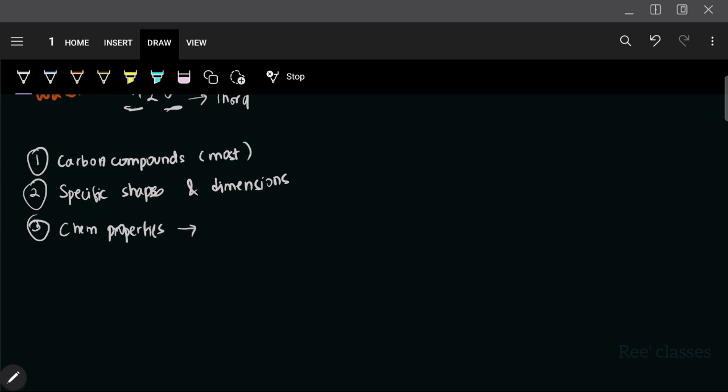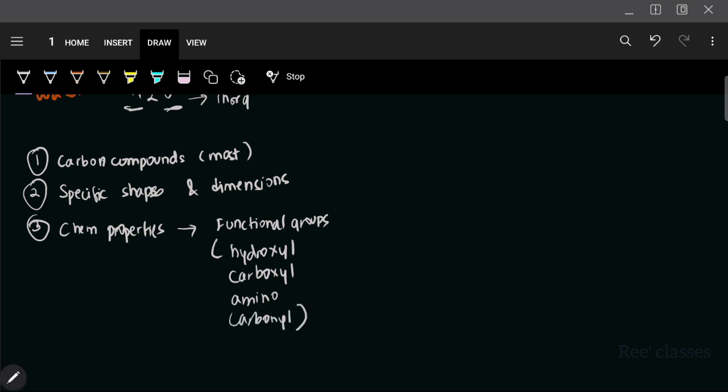Okay, they're not all the same. So that is thanks to the functional groups that are attached, right? For example, we have hydroxyl groups, carboxyl groups, we have amino groups, right? We have carbonyl groups. We'll go into this in a bit, right? The oxyl, hydro, and carboxyl, like, what's the difference here?